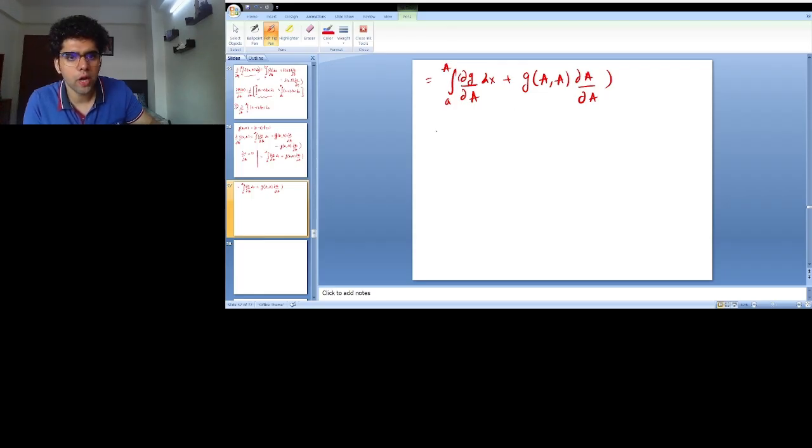Now g(x, a) was a minus x f(x), so if I substitute A in place of x, I will be getting g(A, A) as A minus A f(A).